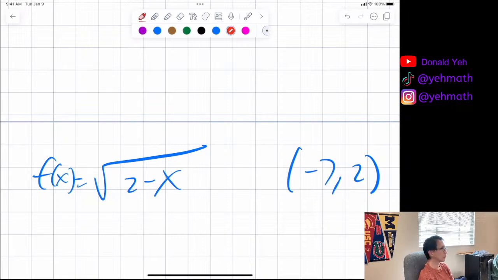This question shows up on tomorrow's test. You gotta know how to do it.